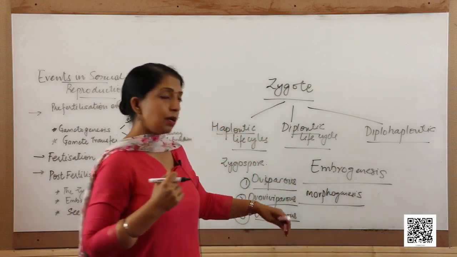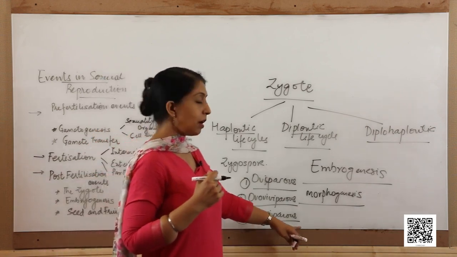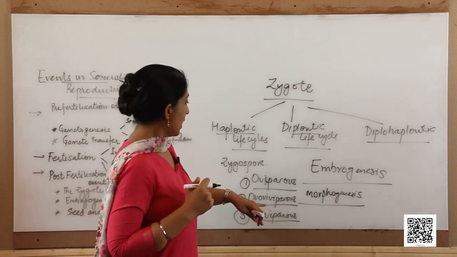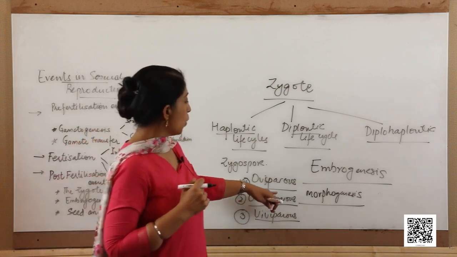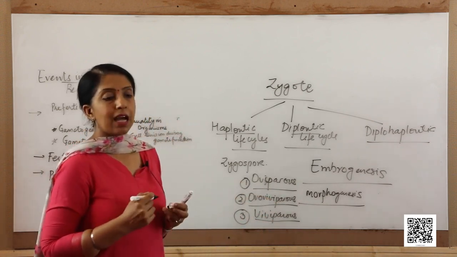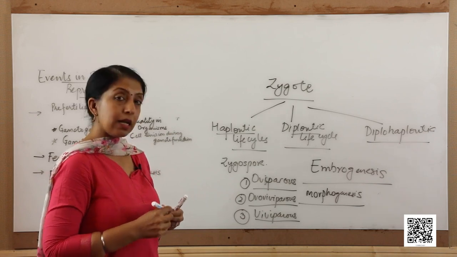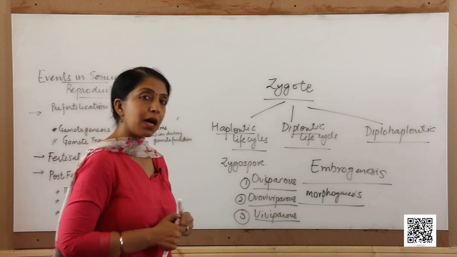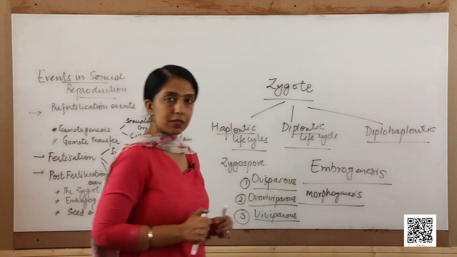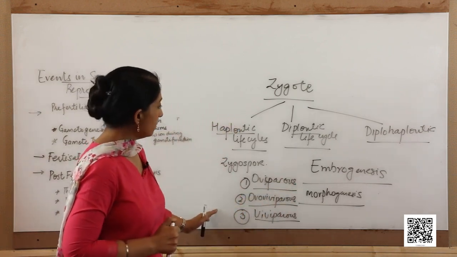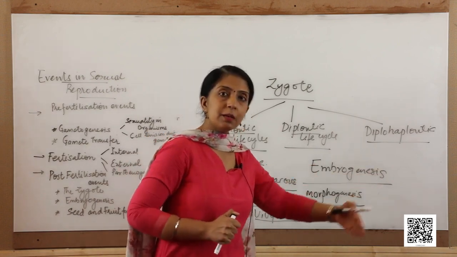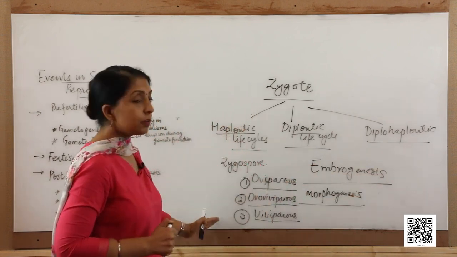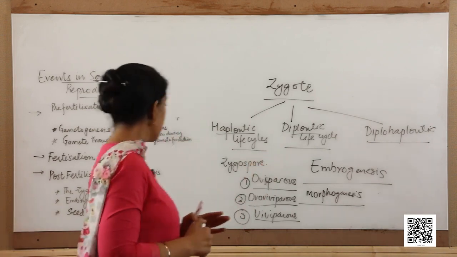So, human beings are viviparous in nature. As I told you, ovoviviparous are the rattlesnakes and the sharks, and oviparous are animals such as birds that lay eggs, or the amphibians and the reptiles, they all are oviparous. So, depending on how the embryo is developed, the animals are of three types.